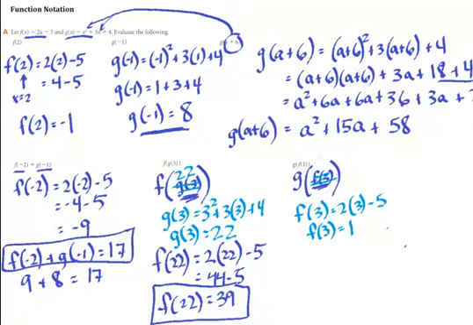So what I need to actually do is go find g of 1. That's the ultimate goal. G of 1 equals 1 squared plus 3 times 1 plus 4. So that would be 4. For this, g of 1 is 8.